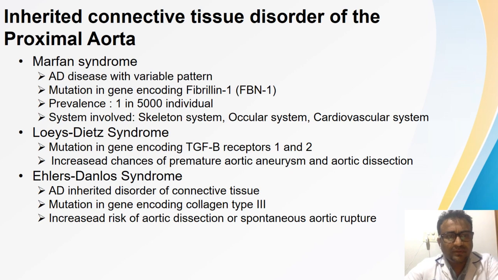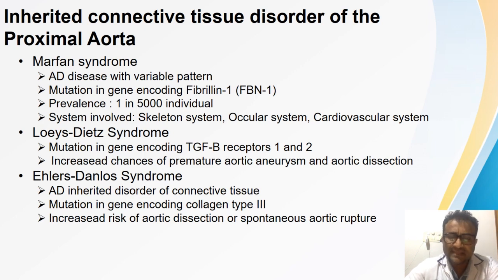Let's talk about the inherited connective disorders of the proximal aorta. The most common and important syndrome of inherited connective disorder is Marfan syndrome. Marfan syndrome is an autosomal dominant disease with variable penetration. There is a mutation in the gene encoding fibrillin 1.